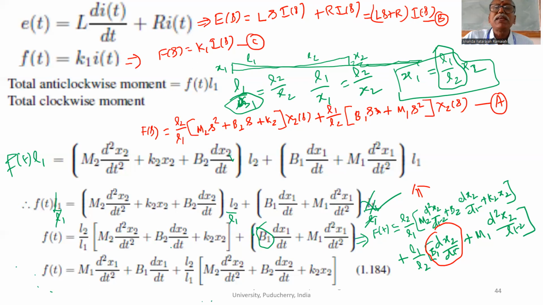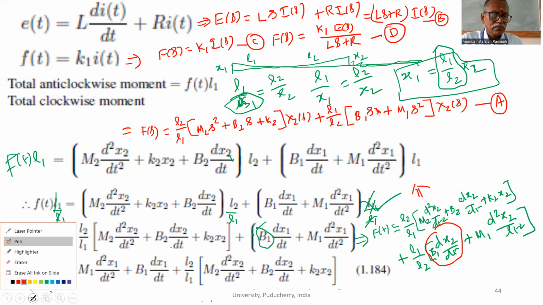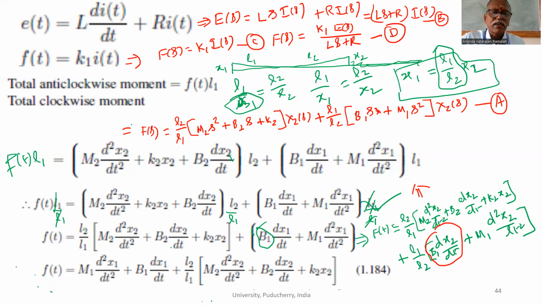I of s from B equal to E of s upon L s plus R. Therefore, f of s equal to k1 times I of s, equal to k1 E of s upon L s plus R. This is equation D. Substitute D in A. F of s can be replaced by k1 E of s upon L s plus R.